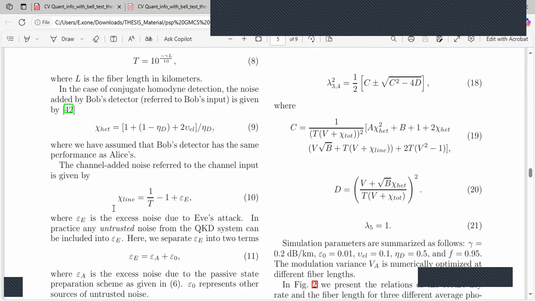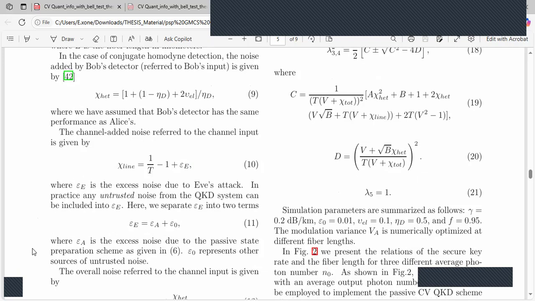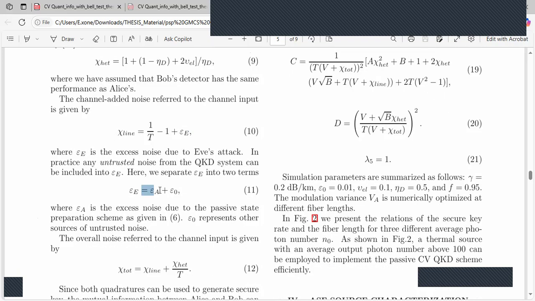The channel noise consists of the channel losses and the untrusted noise. In this case, the excess noise is the addition of the state preparation noise and noise from some untrusted sources.